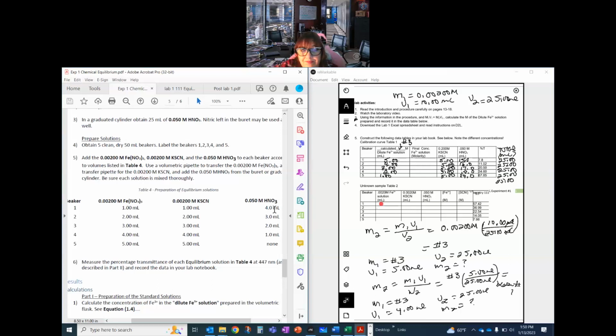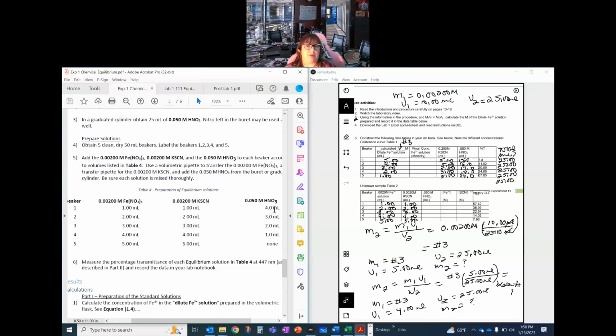So my first one, I have 1 mil of the iron. The second one down is 2 mils, then 3 mils, and 4 mils, and the last one is 5 mils. Okay. If I look at the KSCN, it's exactly the same. So I want to make sure that that column looks exactly the same. So 1, 2, 3, 4, and 5.